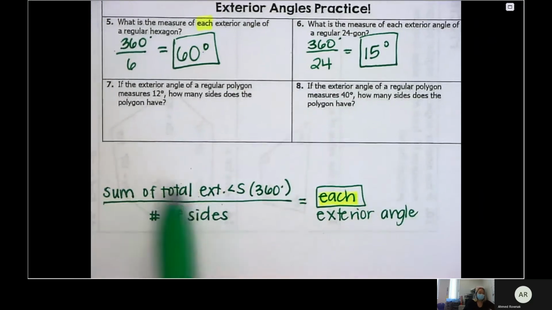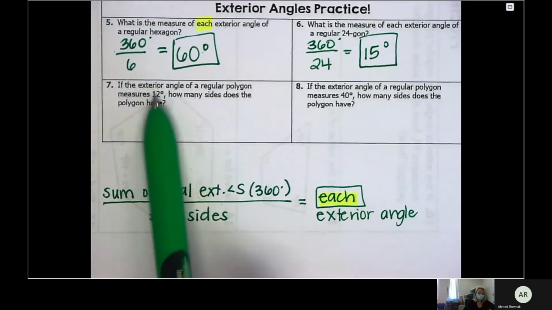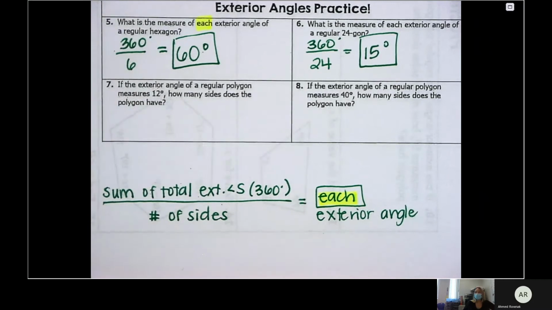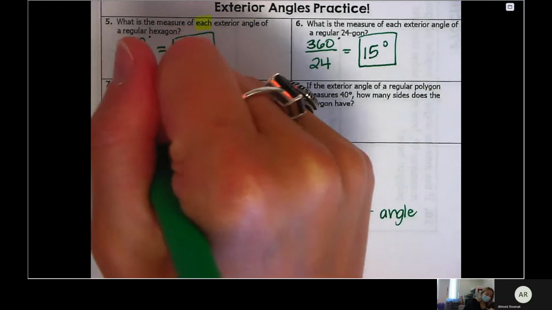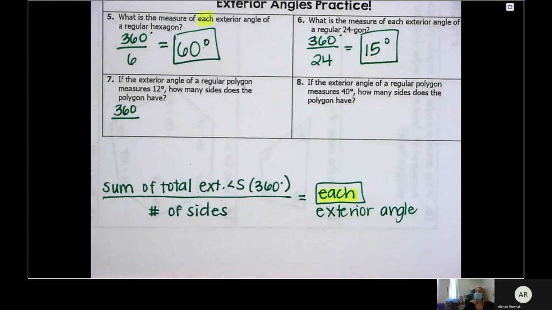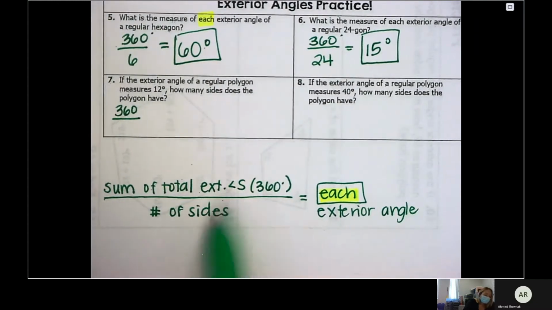What is the sum of the total exterior angles? What is it always going to be? 360. Divided by how many sides does my polygon have? I don't know. So what do you think I'm going to put there? A question mark, an X, something, whatever you want to put.